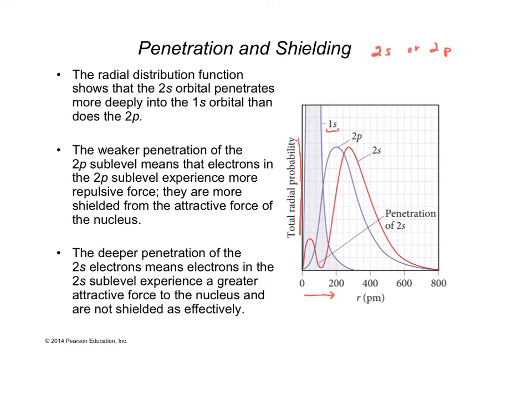We have plotted right here the 1s probability distribution, and 1s is really close to the nucleus, and it's probably going to have a maximum somewhere out here off the chart, okay? We've also plotted the 2p and the 2s, okay? And if we look at this, we'll find that the 2p orbital is actually closer to the nucleus, right? Its maximum probability, which is the peak in this plot, is closer to the nucleus than the maximum probability of the 2s, right?